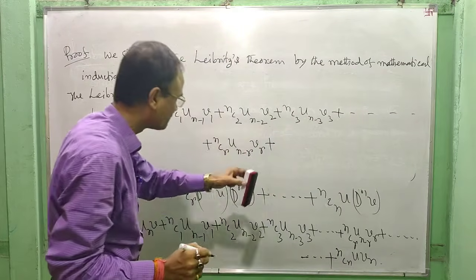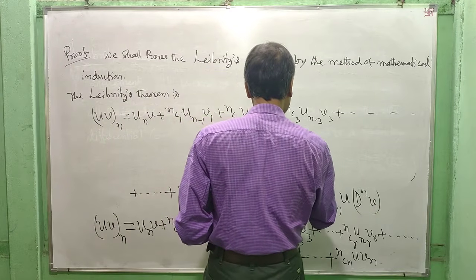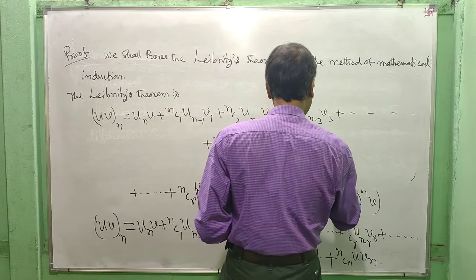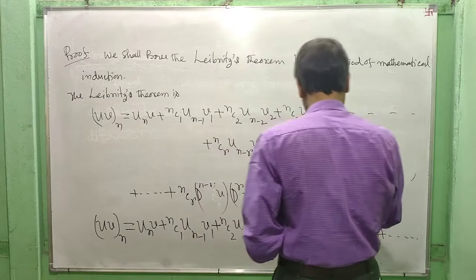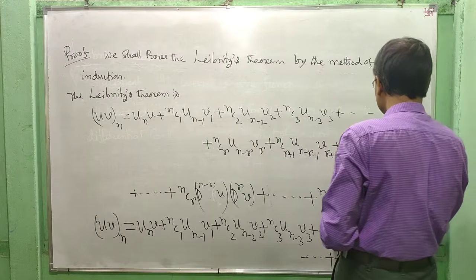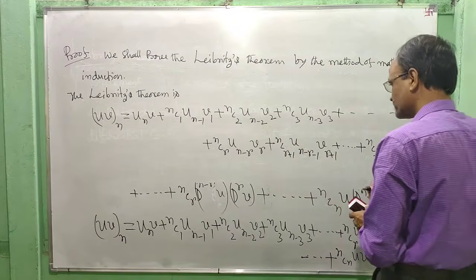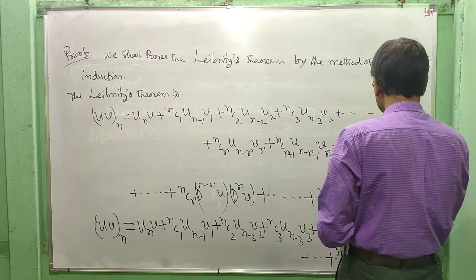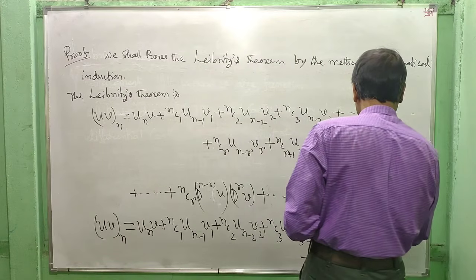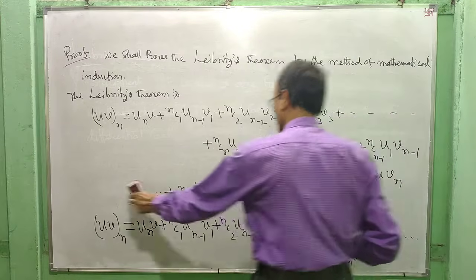The term just after this is nC(r+1) u_(n-r-1) v_(r+1) plus dot dot dot, and finally nC(n-1) u1 v_(n-1) plus nCn u v_n.